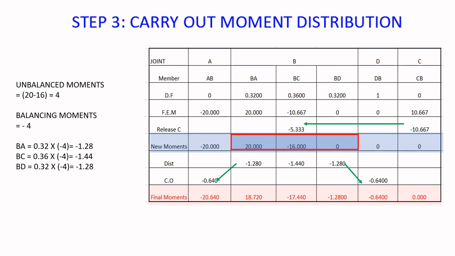So the next thing you do is the carryover. So we are going to carry over for AB and BD alone. CB, we have already released it, and it is therefore 0.